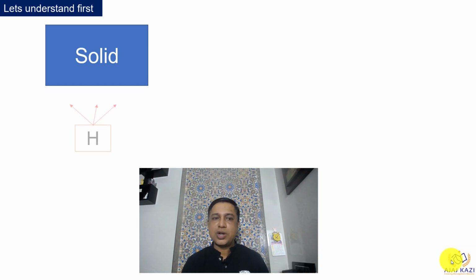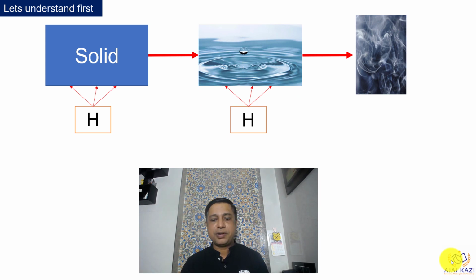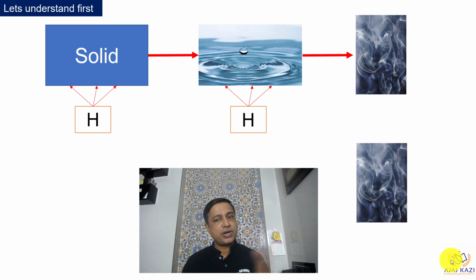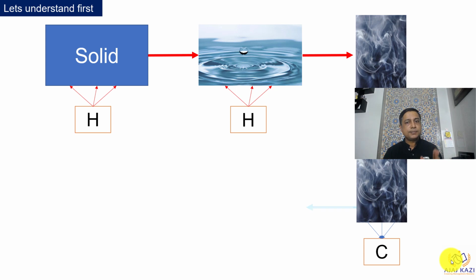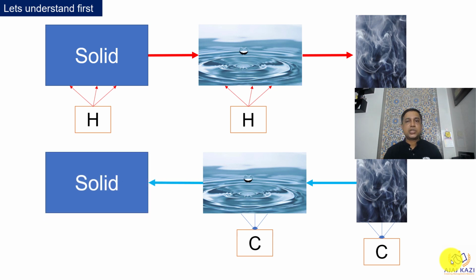You must know that when a solid gets heated up it converts into a liquid, and when a liquid gets heated up it is converted into vapor. Similarly, in reverse, when vapor is cooled it gets converted into liquid, and when liquid gets cooled it gets converted into a solid.